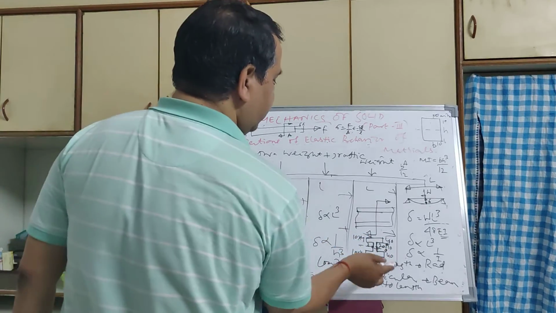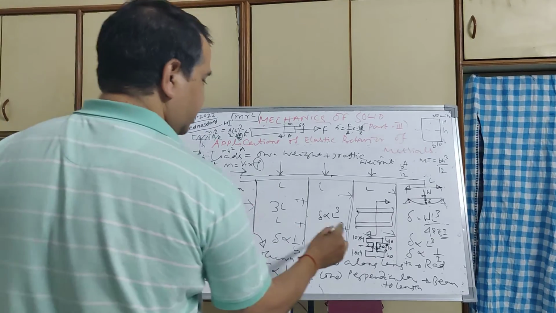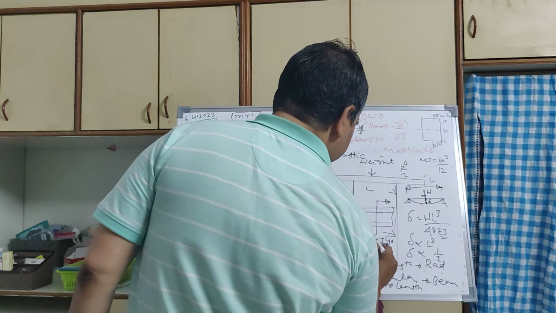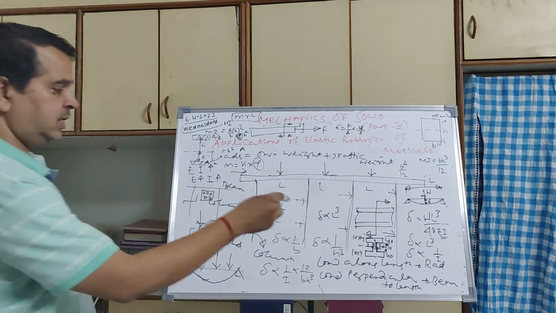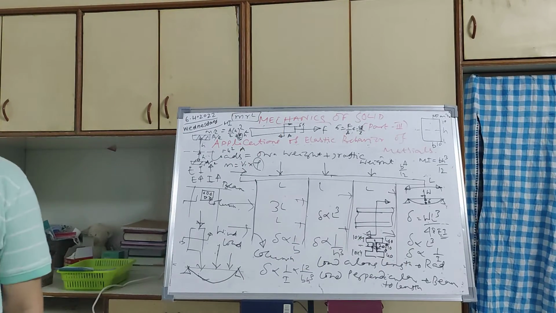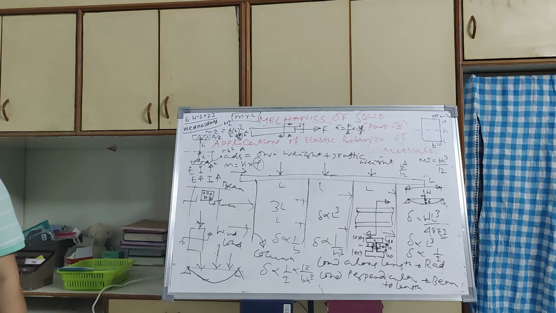Your moment of inertia depends on the distance of the section from this axis. If more sections are away from the axis, the moment of inertia will be more, because here the moment is coming. So moment is always associated with a distance.